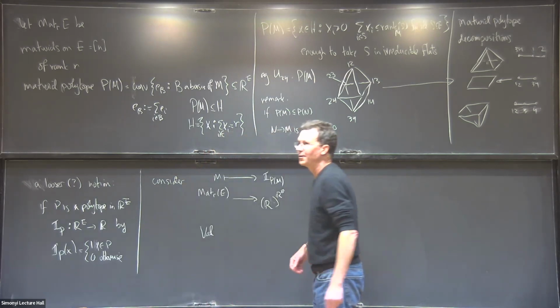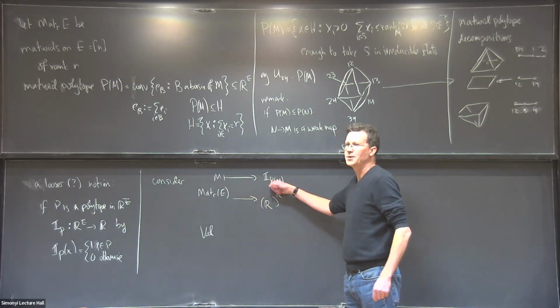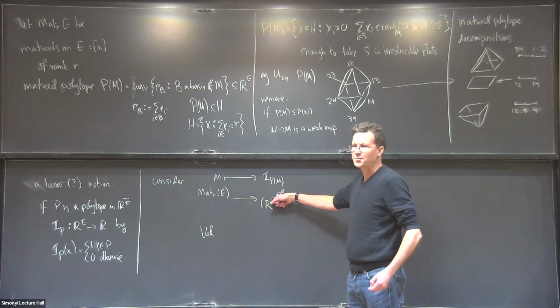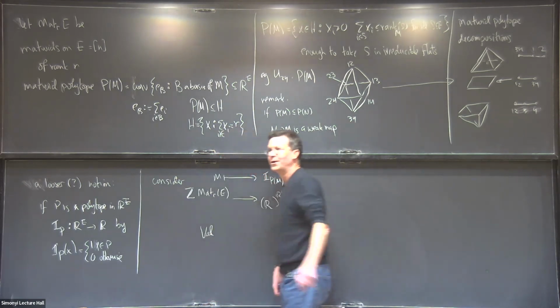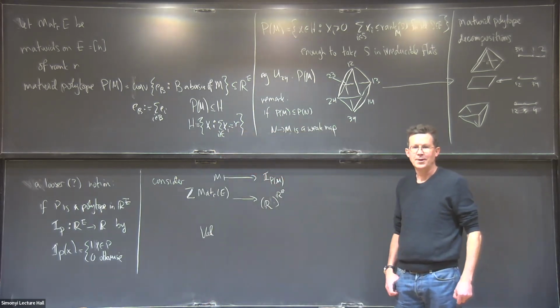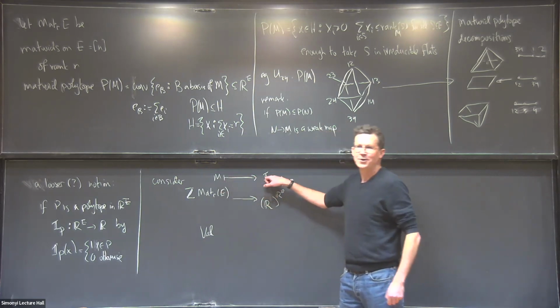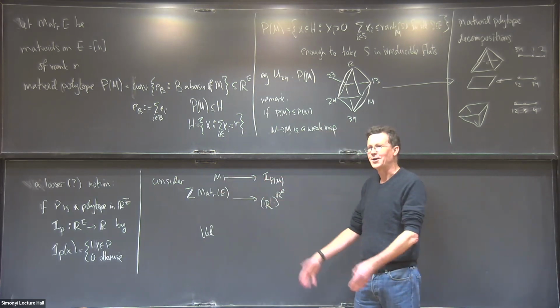This is a vector space, so I can at least take the abelian group on the matroids. Now I'm sending a basis vector to an indicator function and extending linearly.